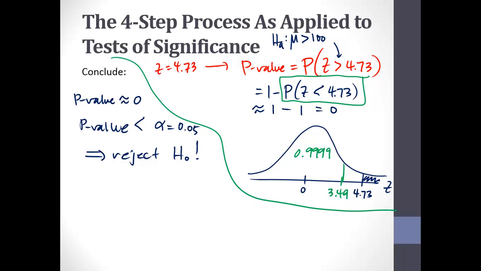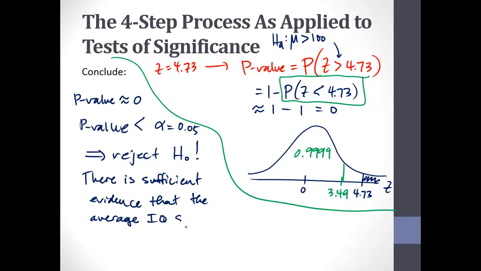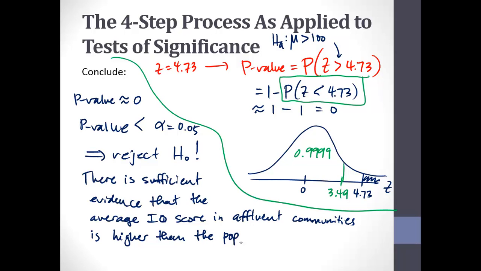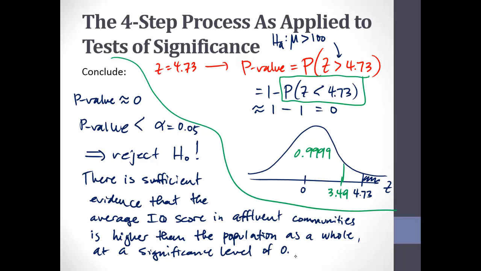Because we've rejected, we can say that there is sufficient evidence that the average IQ score in affluent communities is higher than the population as a whole at a significance level of 0.05.